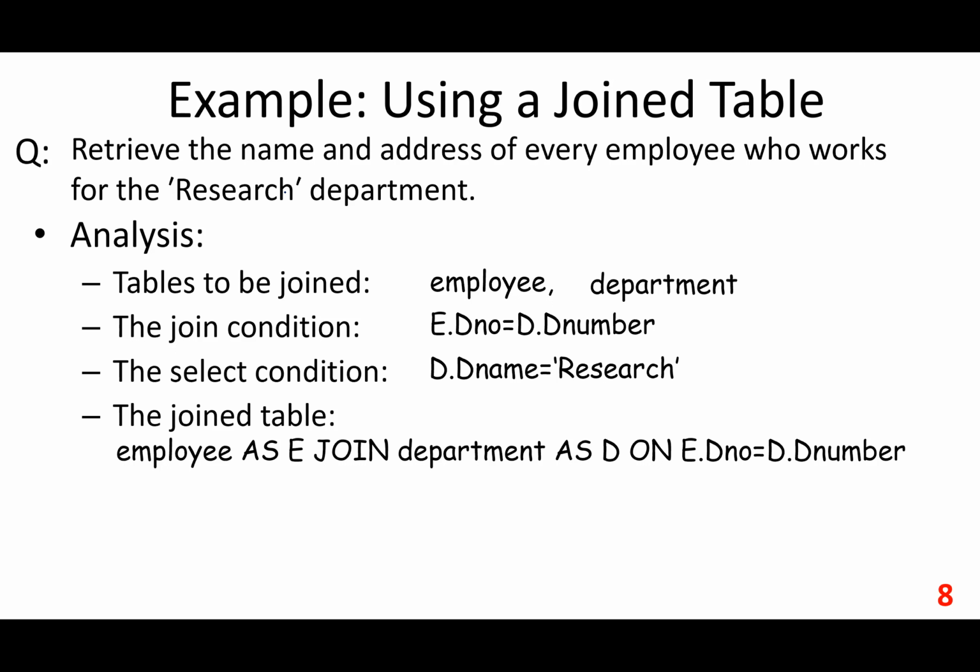Now we use the explicit join: Employee AS E JOIN Department AS D ON. So you see this explicit JOIN keyword, and you add that ON condition to make the readability and logic a little better for understanding. That's the main reason we use the explicit join.